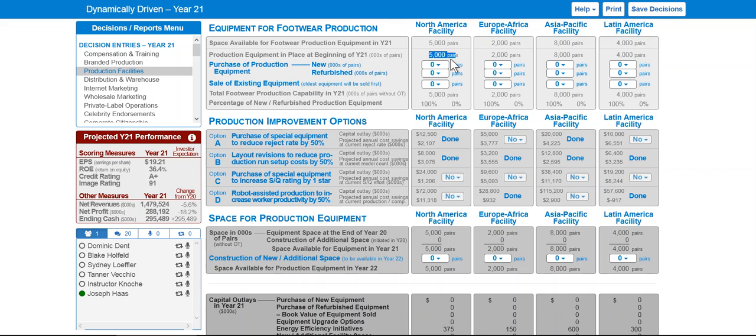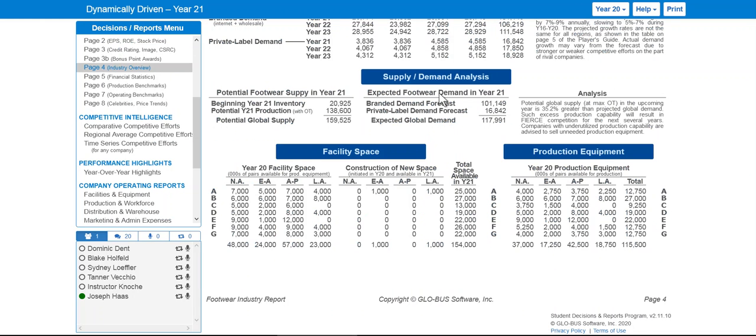This is factory equipment. So if I only had 2,000 factory equipment, that means just 3,000 pair of space that's just sitting there doing nothing. So you really want these two numbers to match, because that means you're working at full capacity. And for a long time there, we were the only company that was doing that.